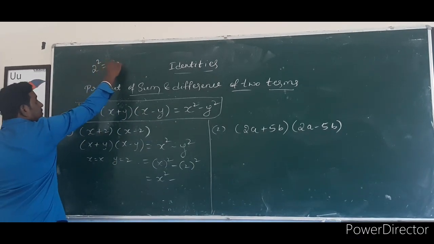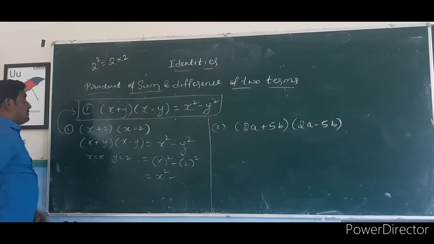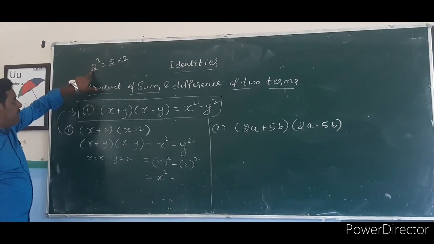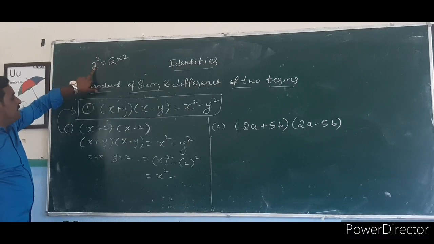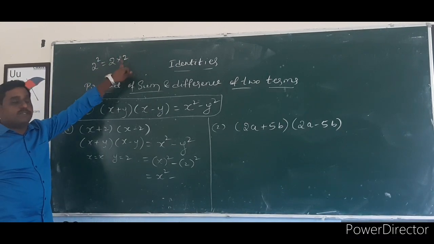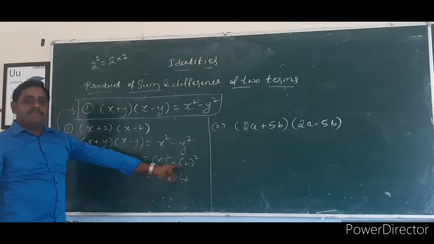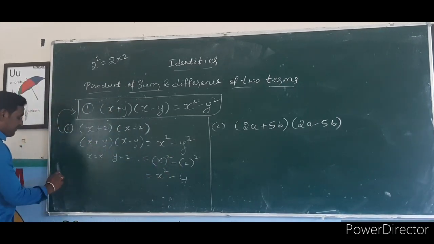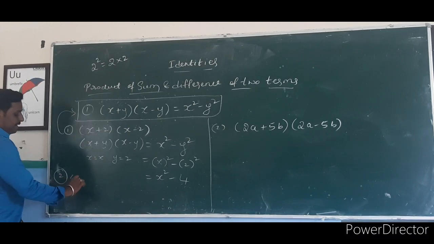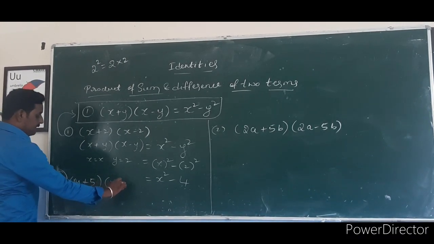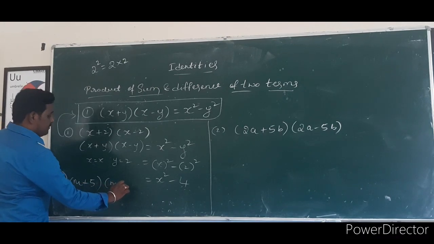You have to multiply 2 number 2 times. Base is 2, power is 2. So we have to multiply the base according to the power. That means we have to multiply the base 2 times. 2 2s are 4. What is the answer? x square minus 4.